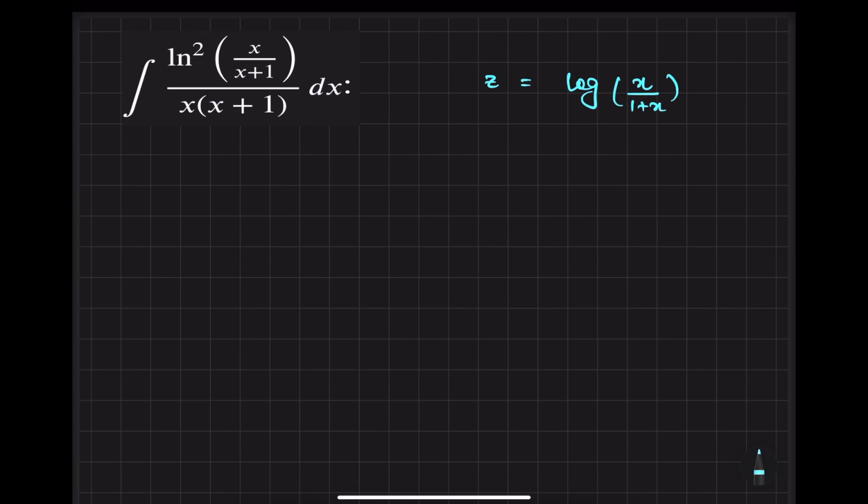So what I wish to do is differentiate this function. You know that you will apply the chain rule, meaning on the left hand side we will be writing dz by dx.